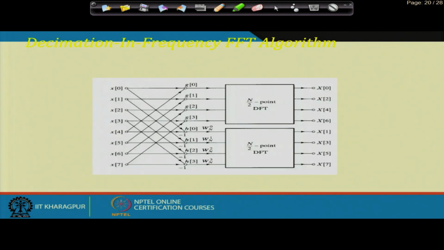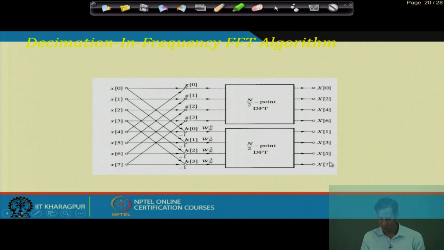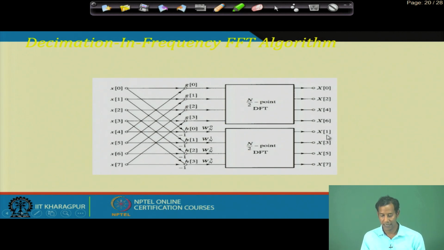Here you see, initially we are considering the N-point DFT, and then we multiply with each of these twiddle factors. In the decimation in frequency FFT algorithm, we first combine x0 with x4, x1 with x5, x2 with x6, and x3 with x7. Then in the next stage we have N by 2 point DFTs, which generate x0, x2, x4, x6 and x1, x3, x5, x7, that is the even part from the upper DFT and the odd part from the lower DFT.